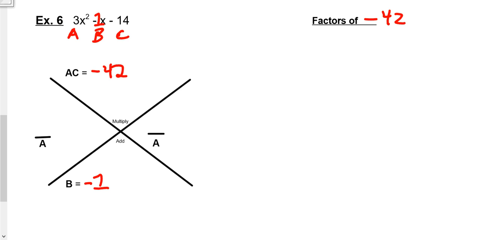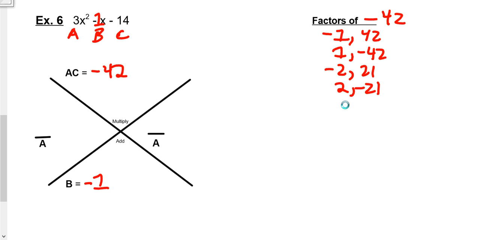And when you get good enough, you can just know which two factors to choose. But a good rule of thumb is just go ahead and write them all out. Keeps you from making mistakes. So negative 1, positive 42. And then 1 and negative 42. You got negative 2, positive 21. 2 and negative 21. You got negative 3 and positive 14.